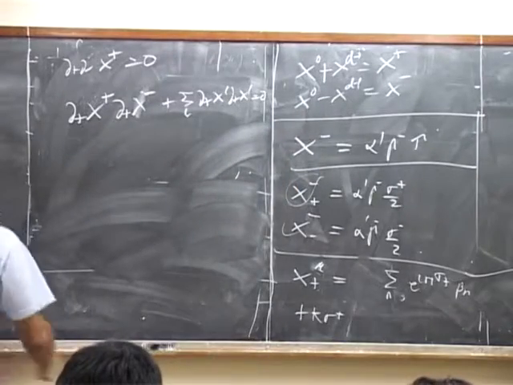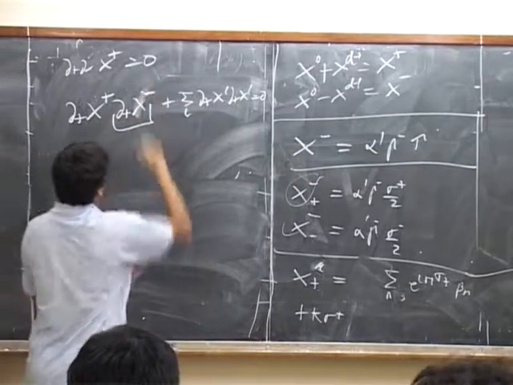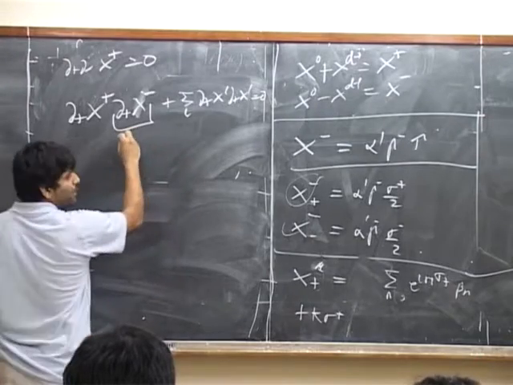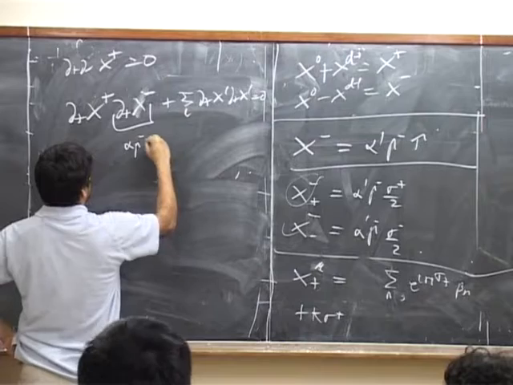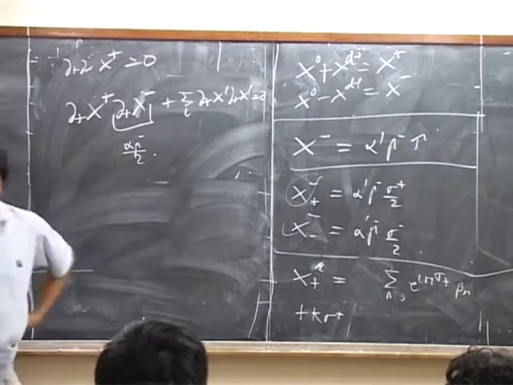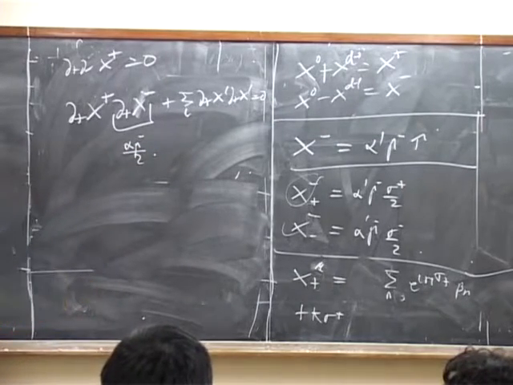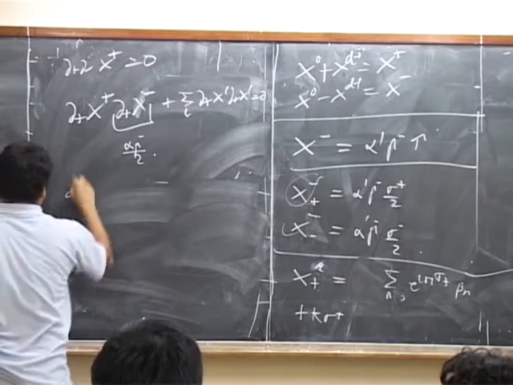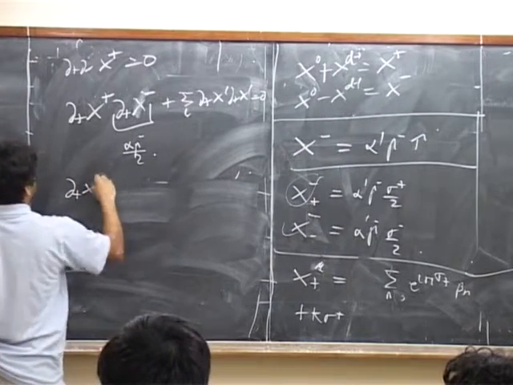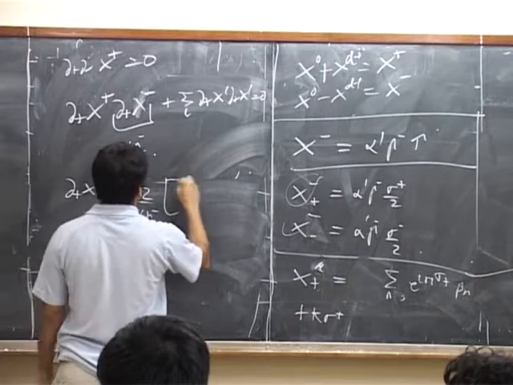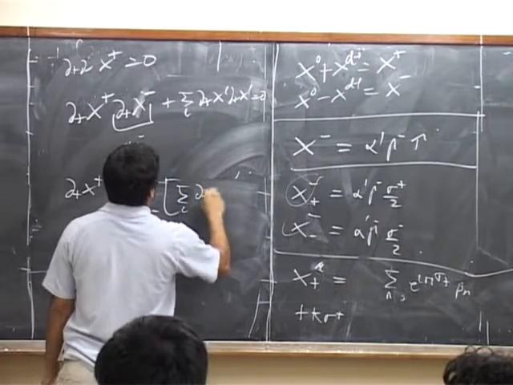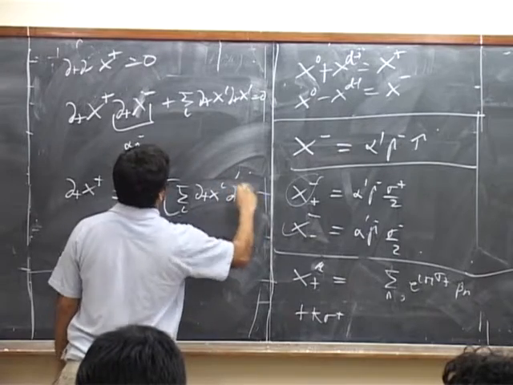Now we've chosen a fixed gauge such that del plus of x minus is equal to alpha p minus by 2. So, we have been told, therefore, that del plus of x plus is equal to 2 by alpha p minus into the sum over i of del plus xi del plus xi.